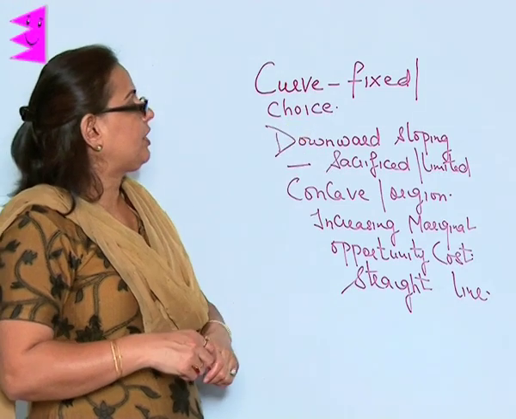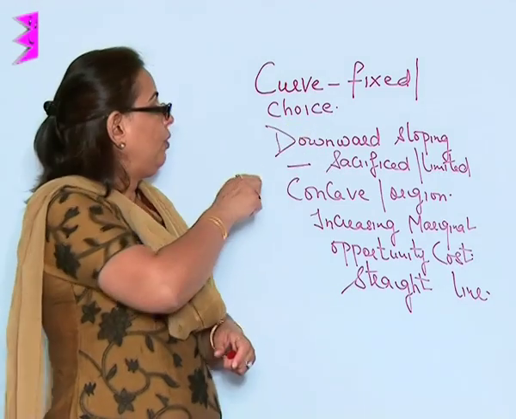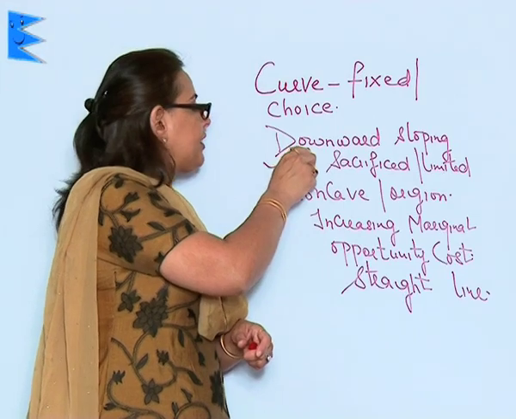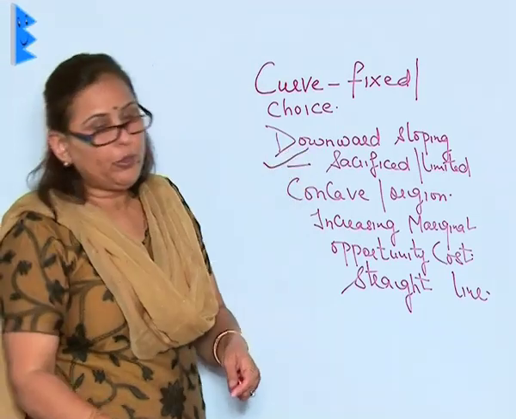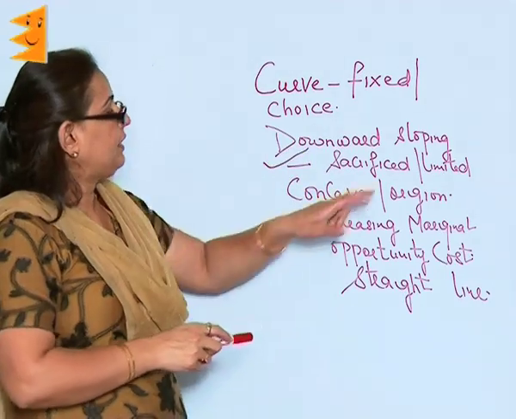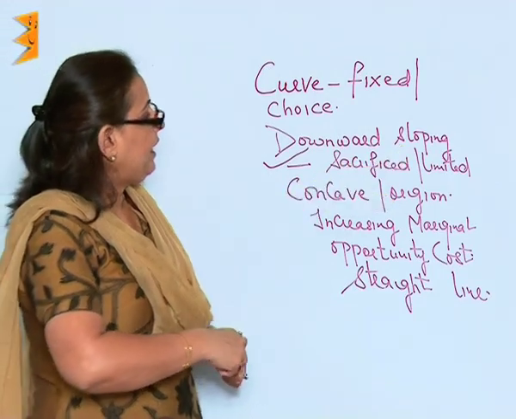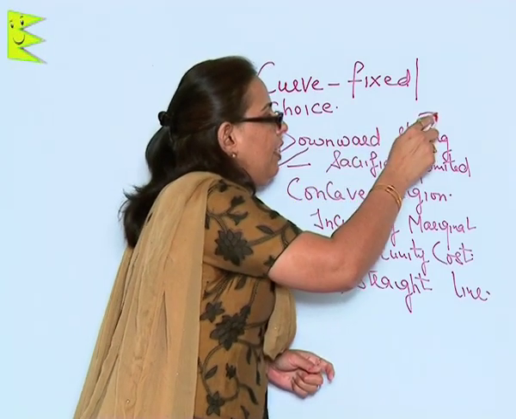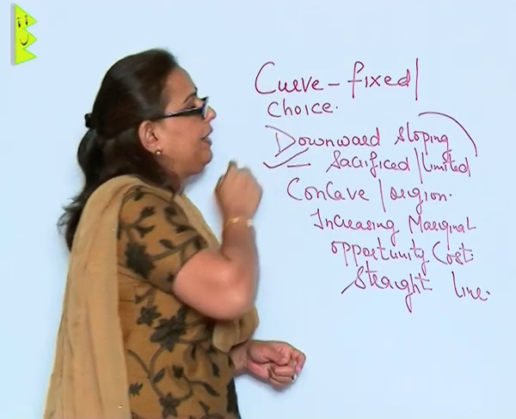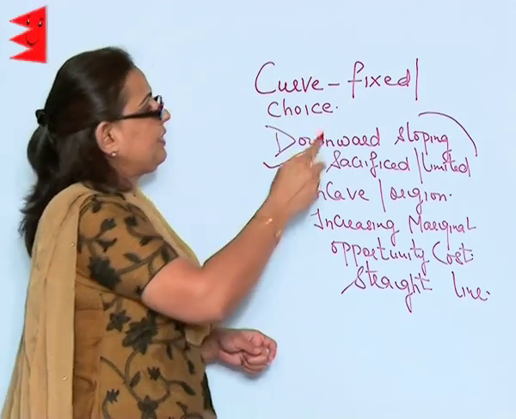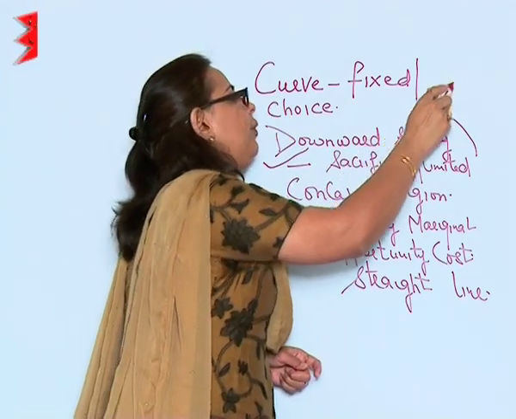This production possibility curve is always downward sloping from left to right. Now, what does it signify? When it is downward sloping, it comes like this. It does not go from here to here.